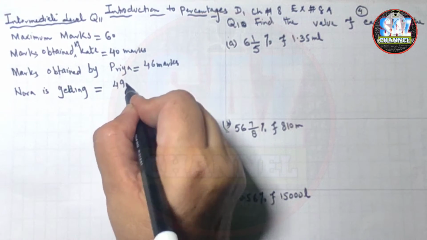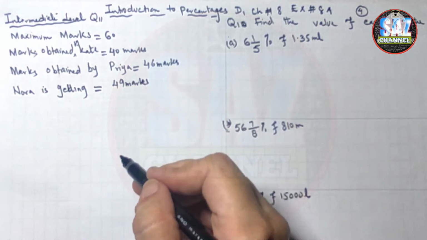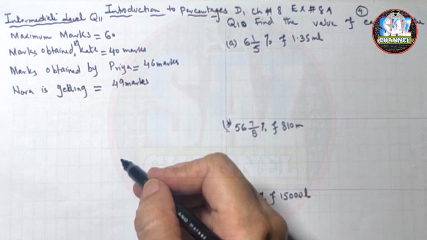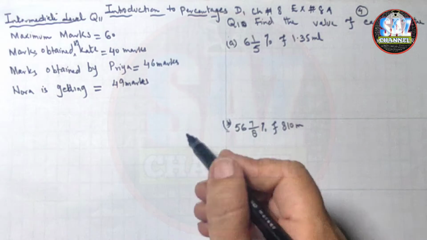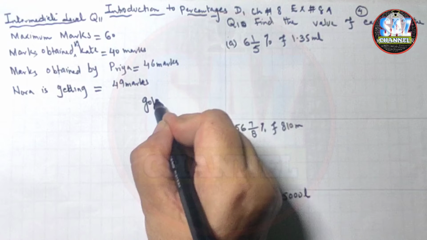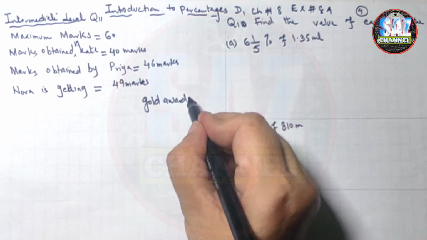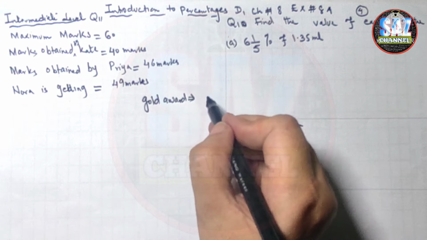These are the marks which are already given, and now they are giving us the percentages as well. In order to get the gold award, you need to score 80% and above.